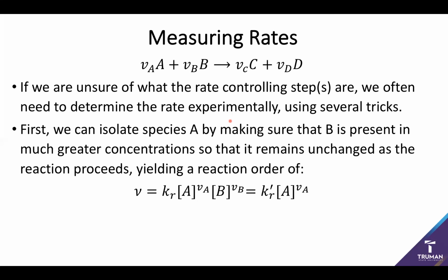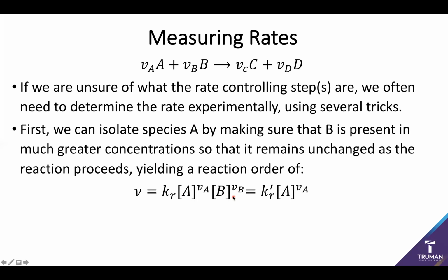So let's say I have a reaction where I have both A and B as reactants. Well, I'm not sure how much A is dominating the rate of reaction versus how much B is dominating the rate of reaction. Because as we saw with our generic rate equation, ideally, if this is an elementary reaction, both should come into play. But it can be a bit tricky to try and analyze it all together.